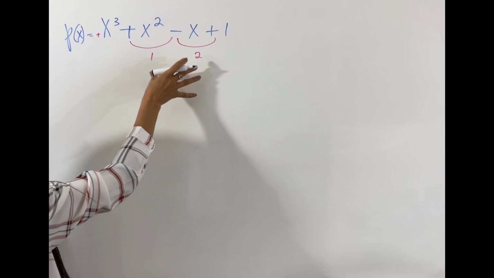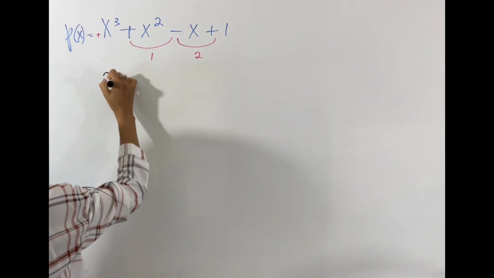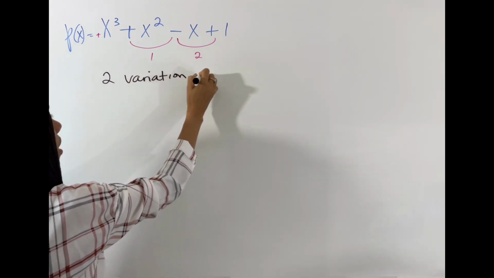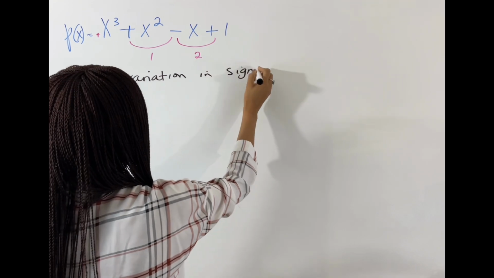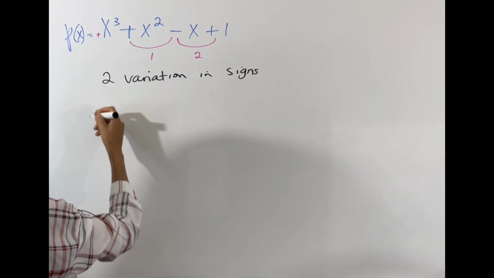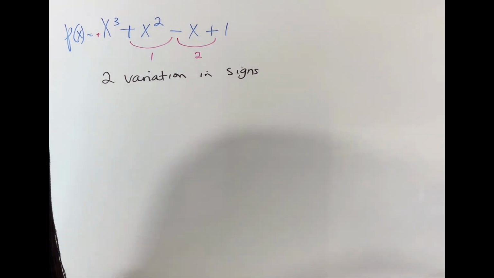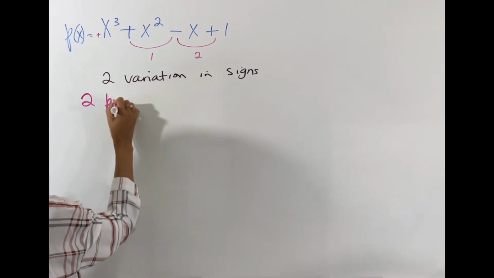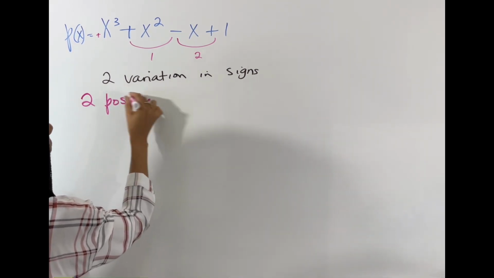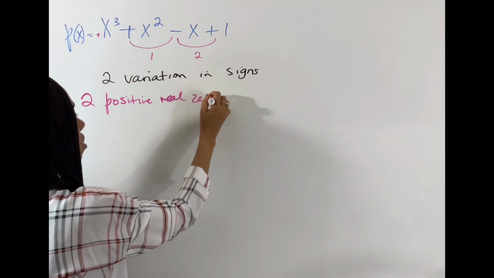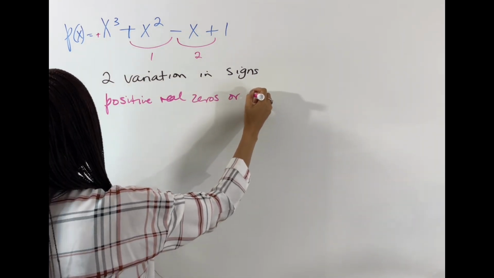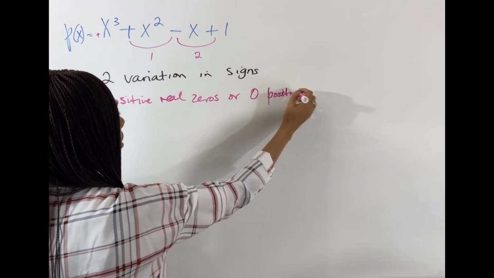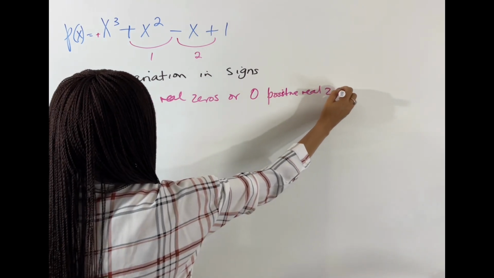So now that we know that we have two variations in signs, we can state that we will end up with two positive real zeros or zero positive real zeros.